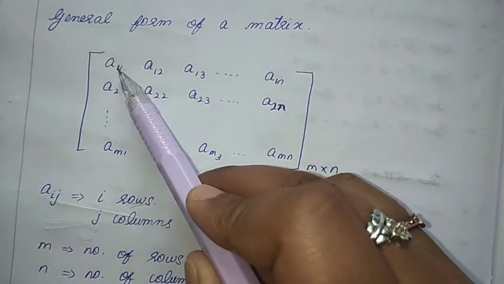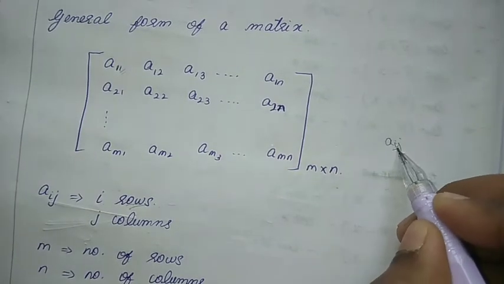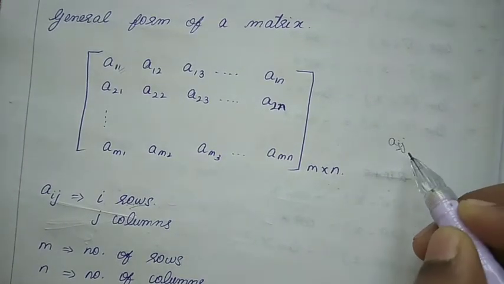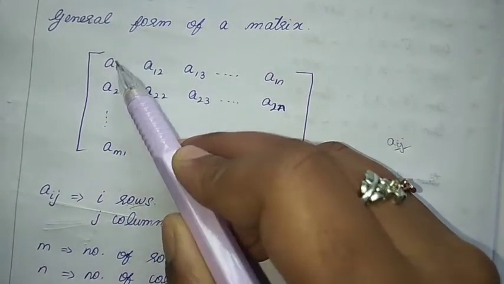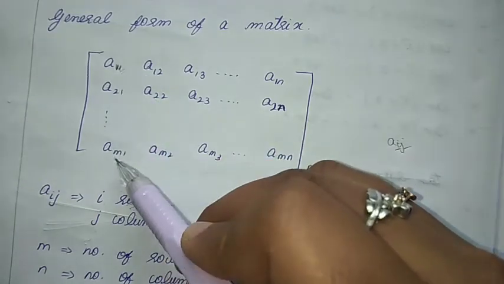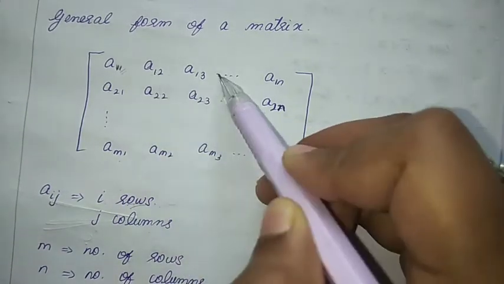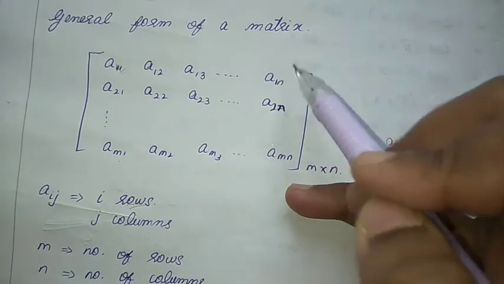When it is Aij, i represents the rows and j represents the columns. So here the number 1 represents the first row and the first column. Here also first row, second column; first row, third column; and so on, up to first row, nth column.